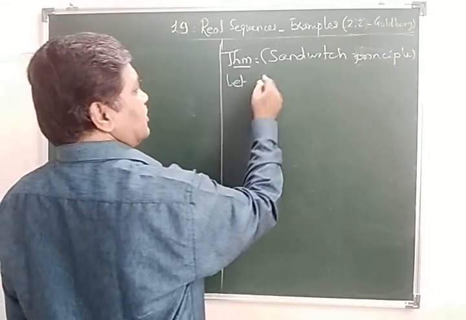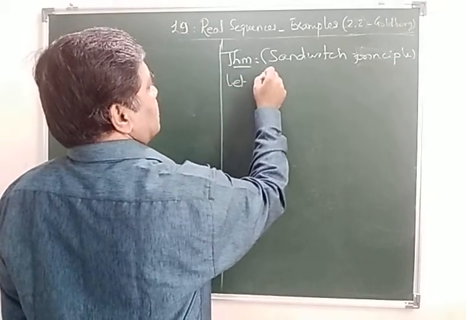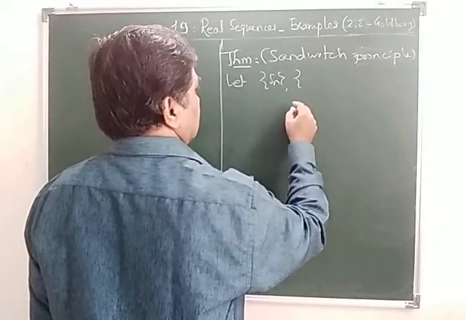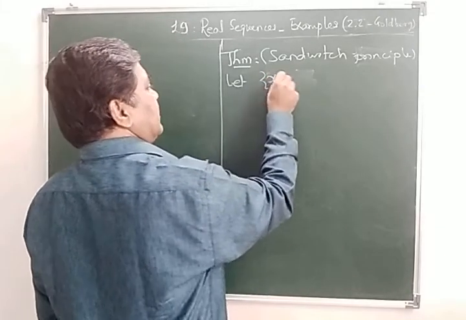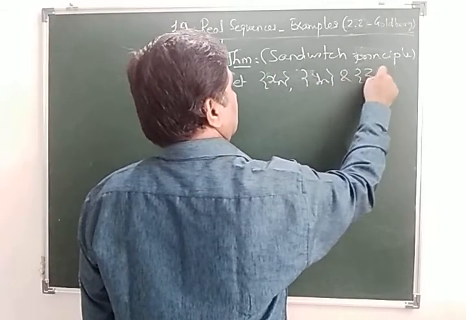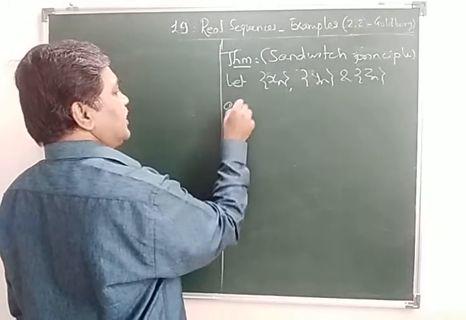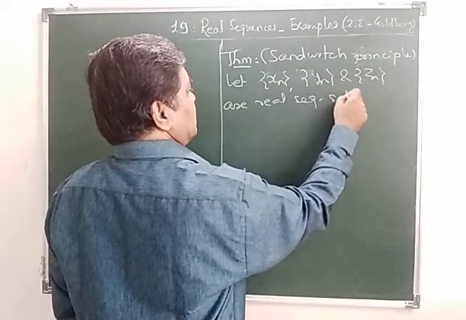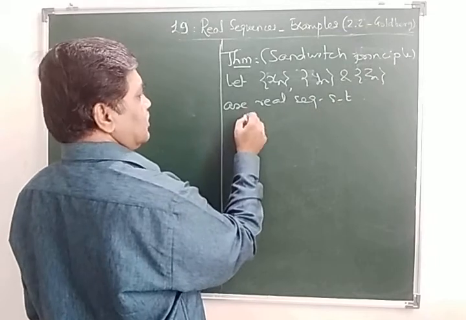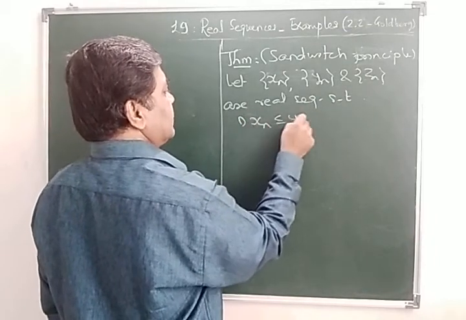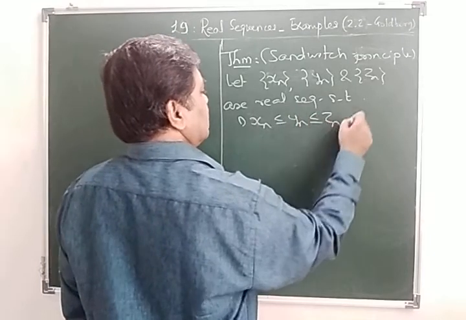So let Xn, Yn and Zn be real sequences such that first, Xn is less than or equal to Yn less than or equal to Zn for all n.